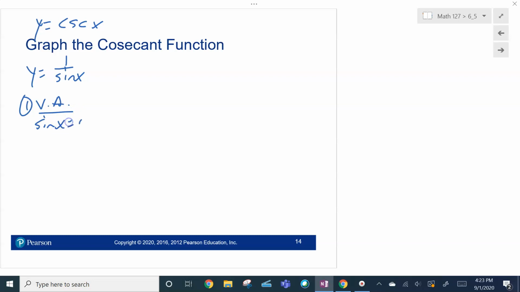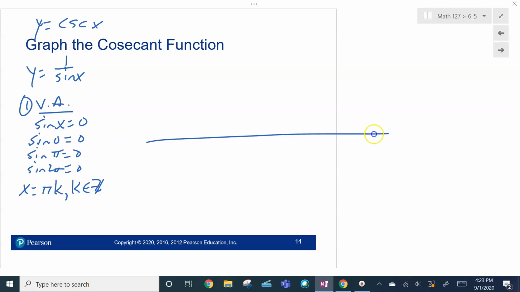Wherever the sine is 0, right? Well, we know that could be at 0, sine of 0 is 0. We know sine of pi is 0. We know sine of 2 pi is 0. Same thing, sine of negative pi is 0, sine of negative 2 pi, and so on. So it'll be pi k, where k is any integer.